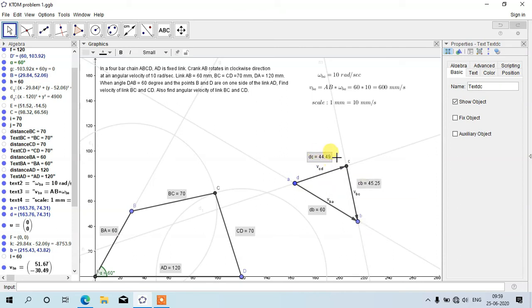So I can convert these lengths into velocities using the relation which I have assumed. We assumed this scale before starting this problem. Now I have found the length and I have the scale, so I can go from mm to mm per second. Which means I can convert this length into velocity.